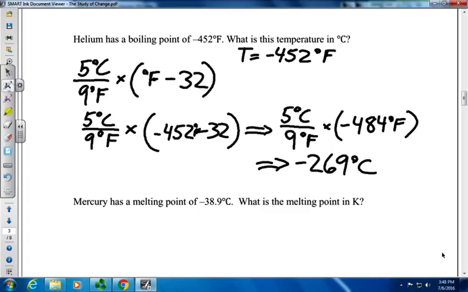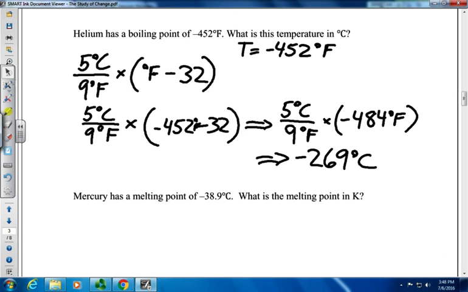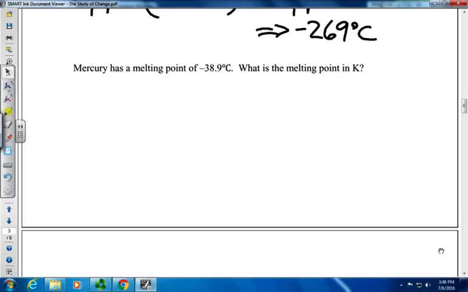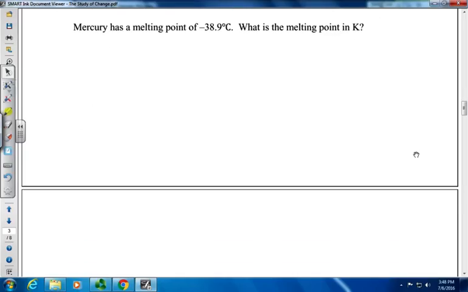So let's do one more, and it's going to involve converting to Kelvin from Celsius, which is probably the easiest conversion that you can do. So mercury has a melting point of negative 38.9 degrees Celsius. And what is its melting point in Kelvin?